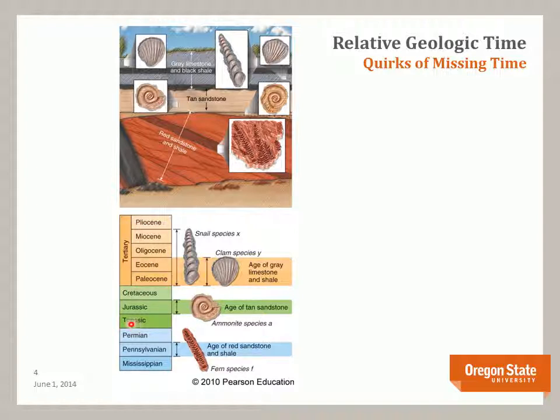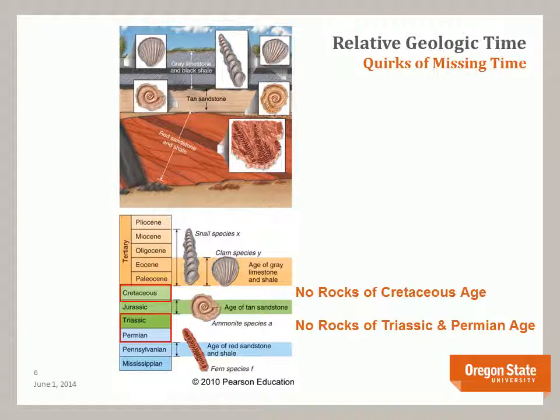But note that we have some missing parts of this time scale. For example, in this exposure, there are no rocks of the Triassic or Permian time. And there are no rocks found from the Cretaceous period.